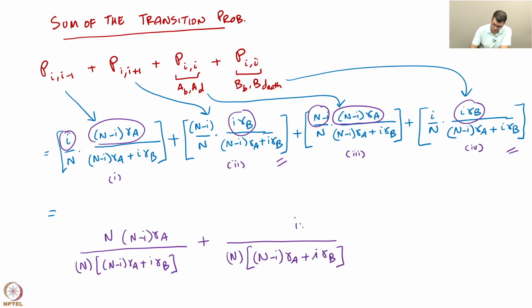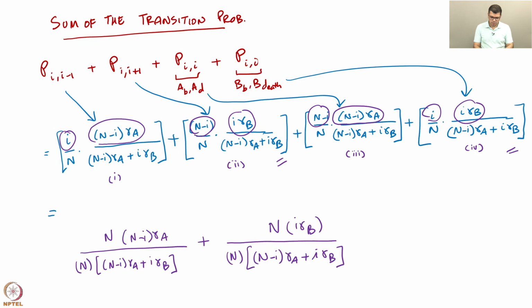So, I am going to take that out common, and what is left is n minus I plus I, n minus I from here, I from here, and these two cancel out. So, what is left is n times I times Rb. So, I can simply write this as n times I times Rb.